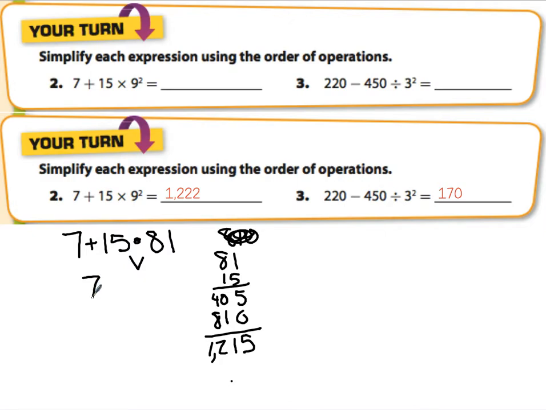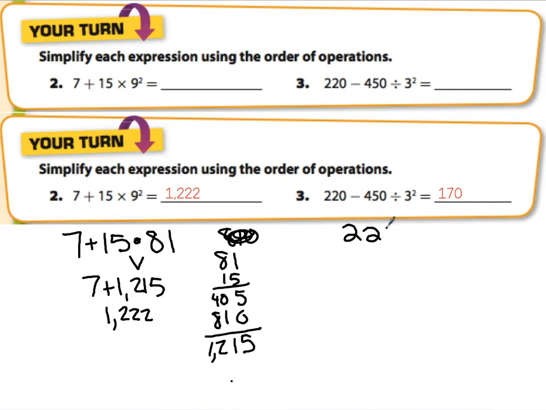So I get 1,215, and then I add 7 plus 1,215, and I get 1,222. Now, yes, you can use a calculator for this, but you still have to show all of your steps.